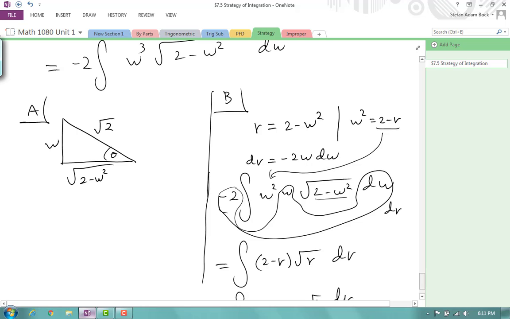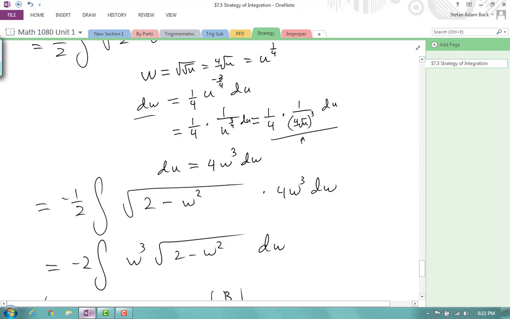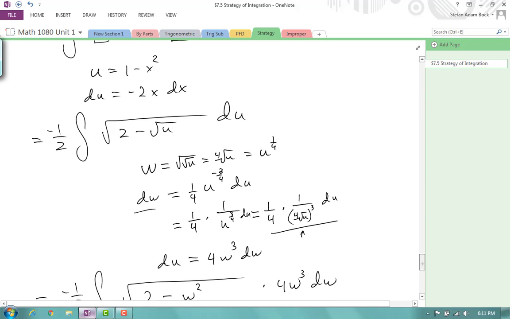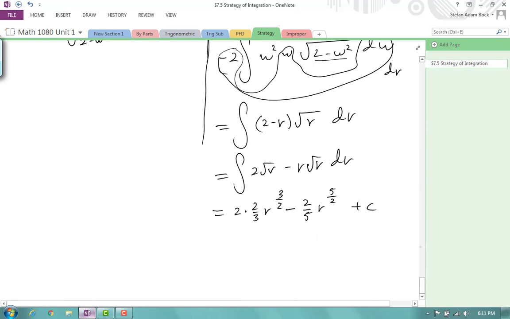R equals 2 minus w squared. W is equal to u to the 1/4. And u is equal to 1 minus x squared. Let's try to keep track of that. R equals 2 minus w squared. W equals u to the 1/4. U equals 1 minus x squared.